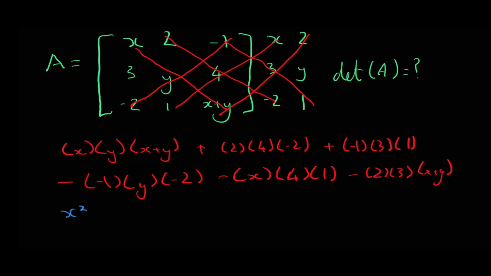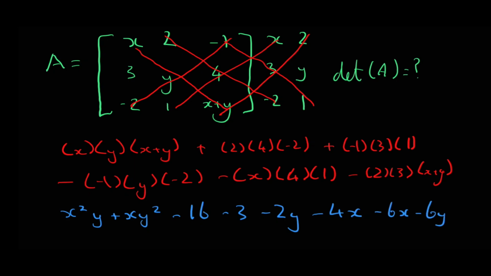That becomes x squared y plus xy squared minus 16 minus 3 minus 2y minus 4x minus 6x minus 6y.